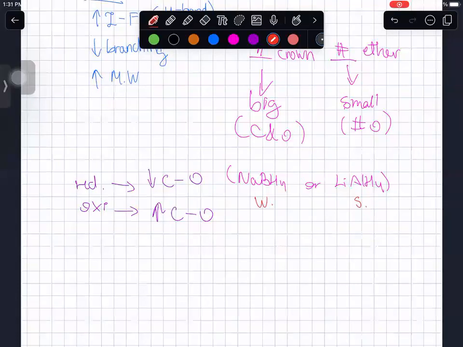It's all about steric hindrance. The less steric hindrance, the smaller you are, the easier it is to attack. So ketones and aldehydes are really small, so we can just use the weak one. But esters and carboxylic acids are bulkier, so we need something stronger.